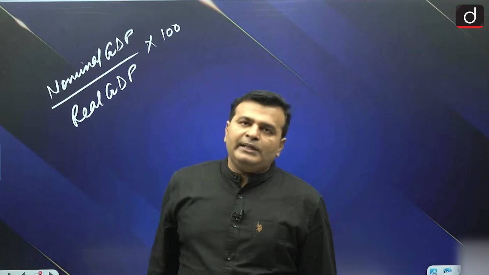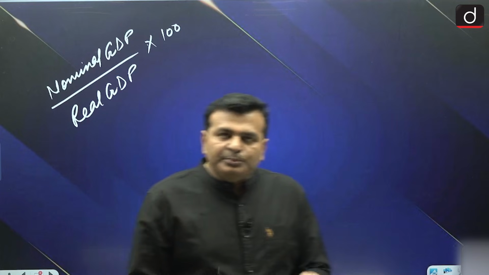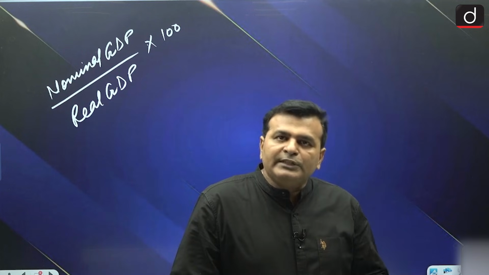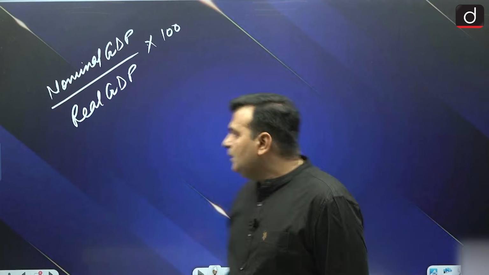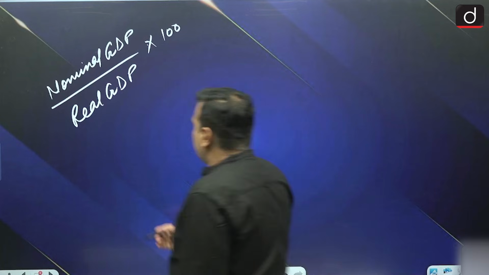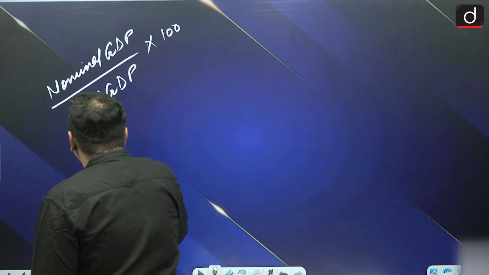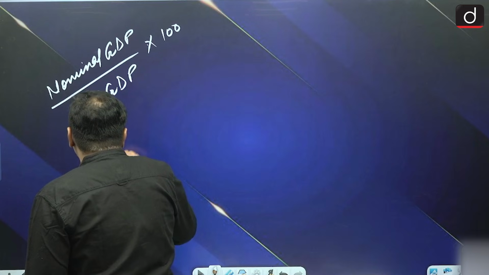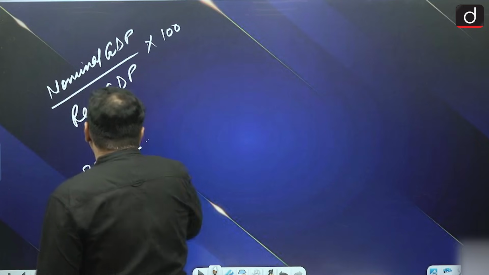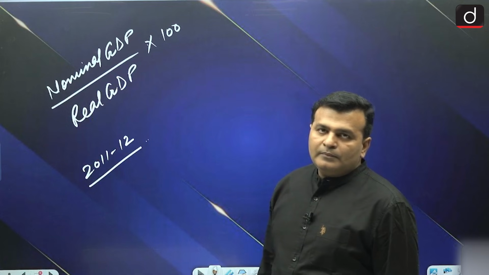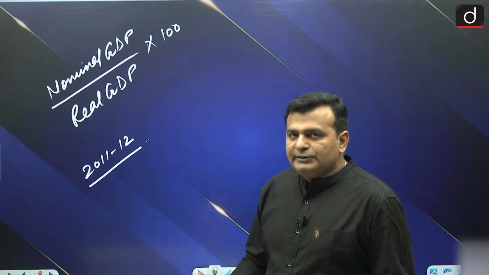Now let me explain how exactly, using GDP deflator, inflation can be measured. Coming back to the same example, suppose 2011-12 is the base year for calculation of real GDP.